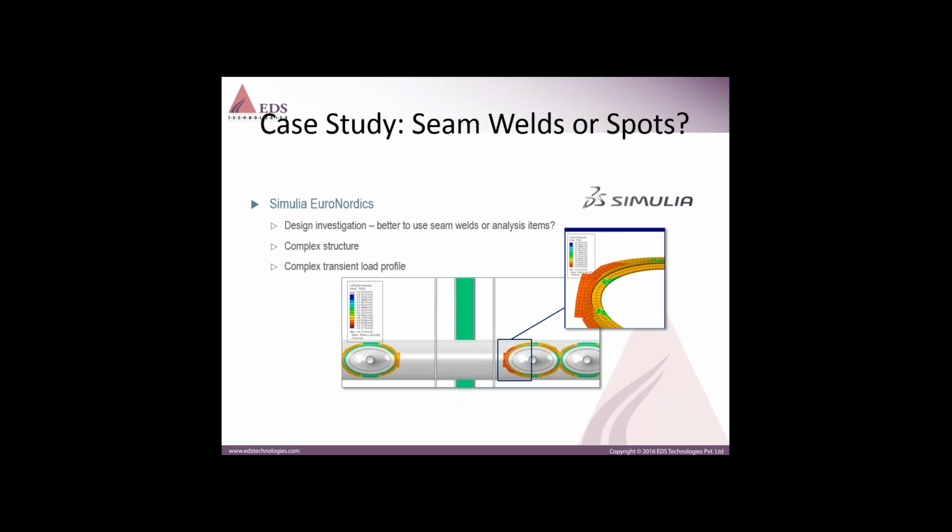But the aim here is to find sensitivity towards what kind of weld you can use in this particular structure. It's a very complex structure, and the load profile being applied is very complex again. And the feedback we have been getting is that this type of sensitivity study is precisely what is required by the client.